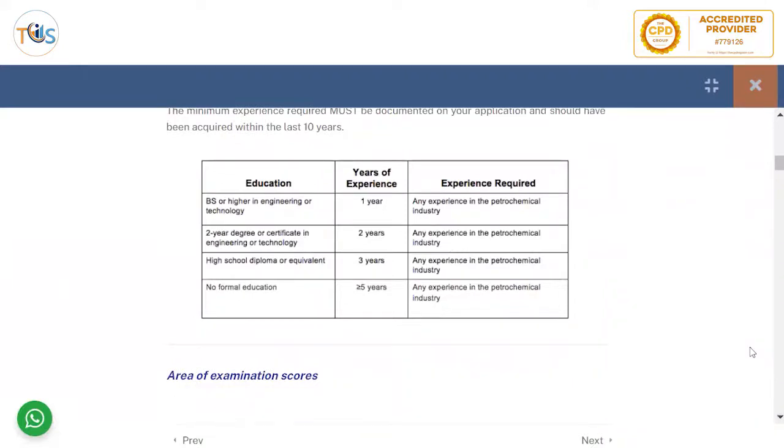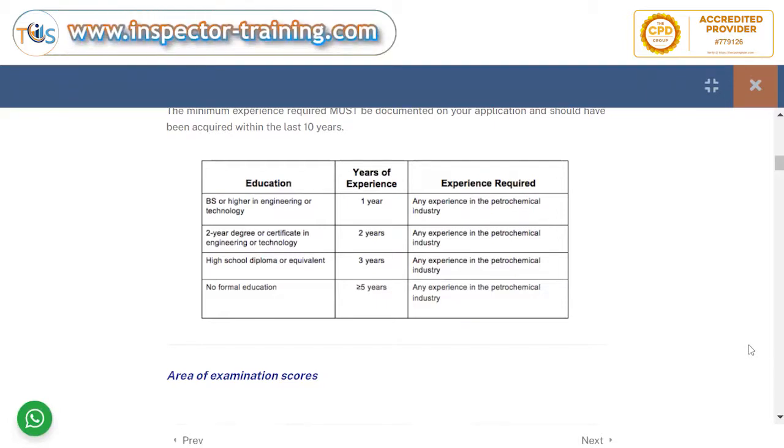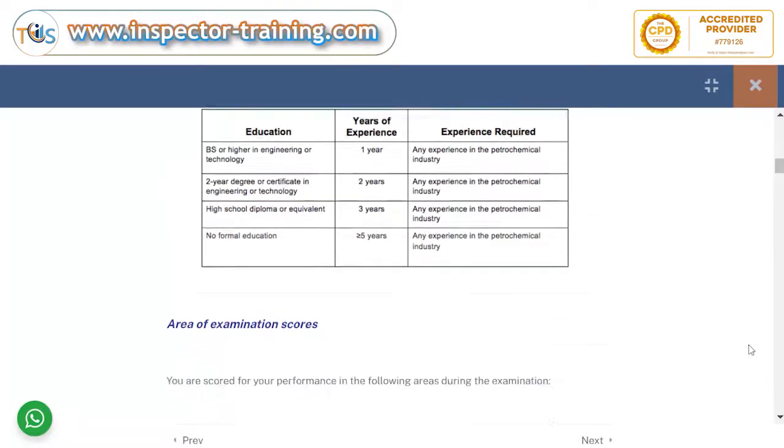So if you have a BS degree, you need just 1 year experience, any experience in petrochemical industry. If you have a 2-year university degree, then you need 2 years experience. If you are a high school diploma holder, it is 3 years, and with no formal education, a minimum of 5 years experience in petrochemical industry.